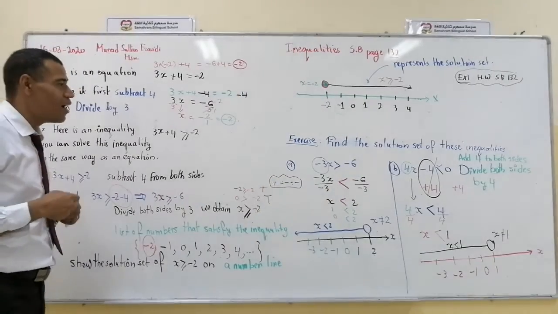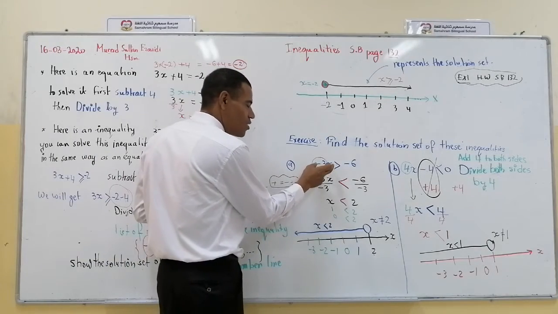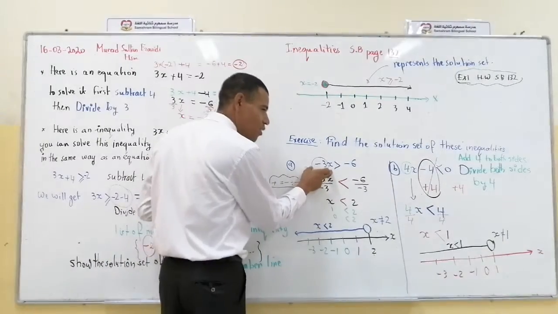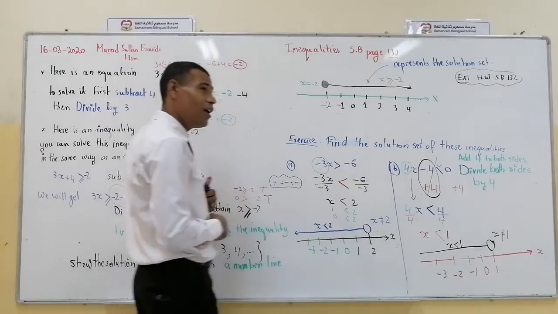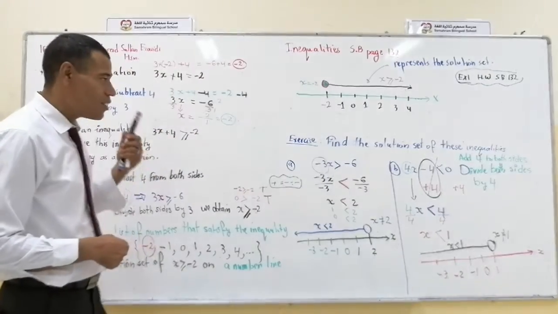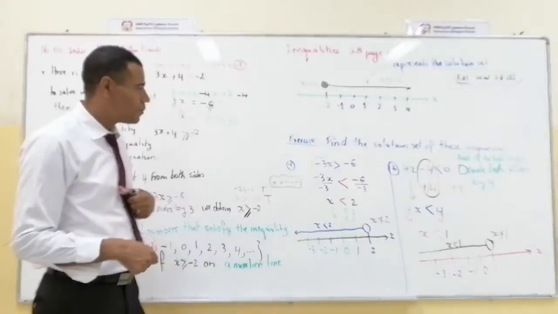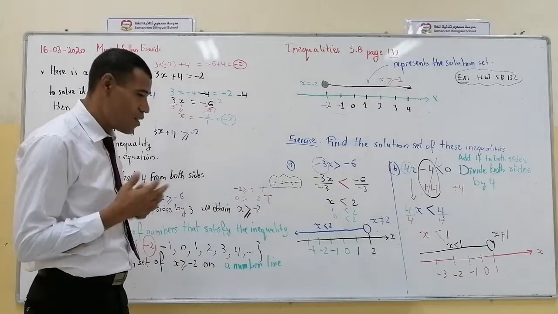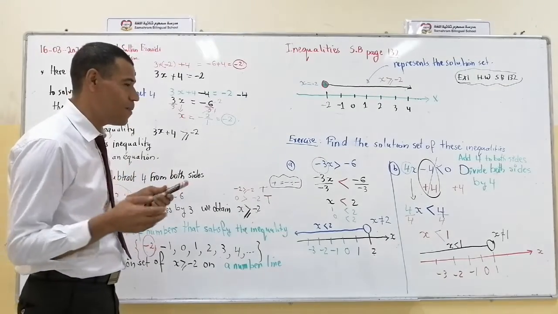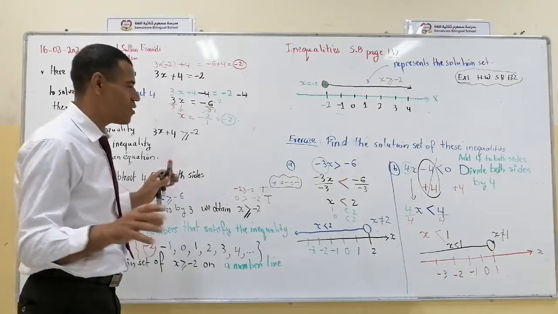Okay, we were told that if we have the coefficient of x, the subject, you tend to isolate it on one side and the other numbers on the other side. If you divide this inequality by a negative number, either divide or multiply by a negative number, the symbol of my inequality will change.